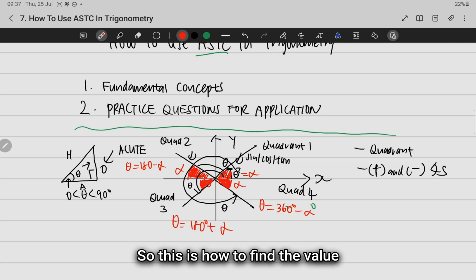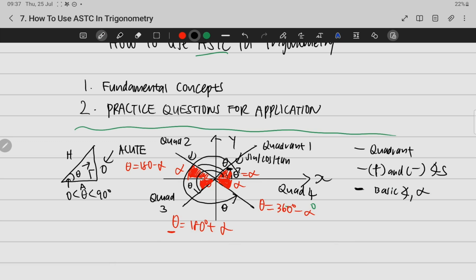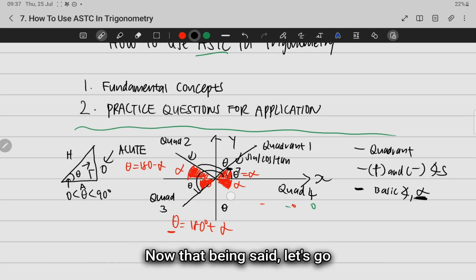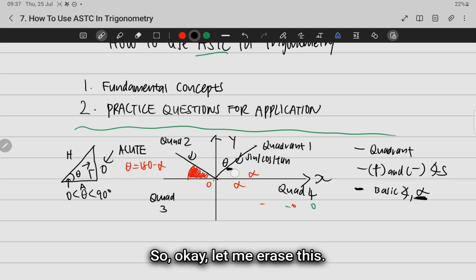So this is how to find the value of theta using the basic angle. That is the third concept, and this is the notation for the basic angle. Now that being said, let's go on to the main concept of this. Okay, let me erase this.